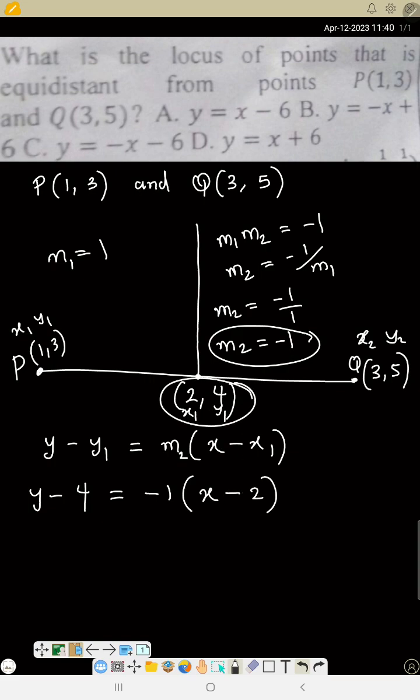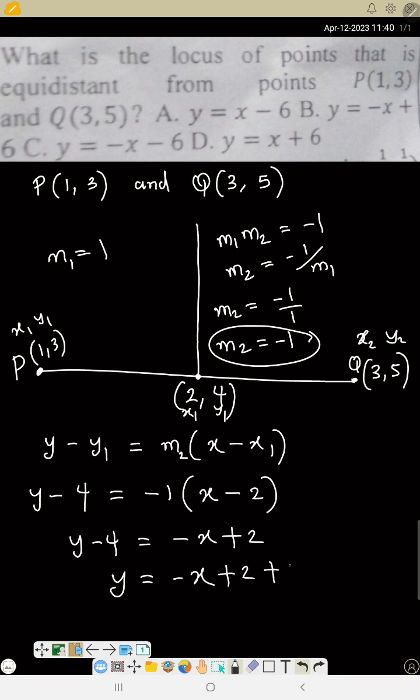So I'm using this point now. So this will be y minus 4 equals minus x plus 2, that is minus times minus, plus. Take 4 to the other side, that will be plus 4. So y is minus x plus 6. This is the equation of this perpendicular bisector. So the correct option is B, y is minus x plus 6.